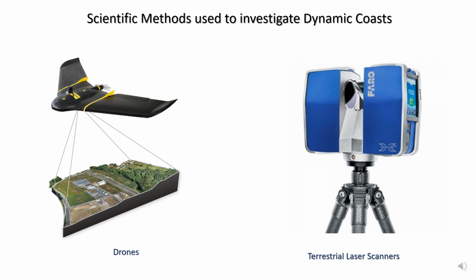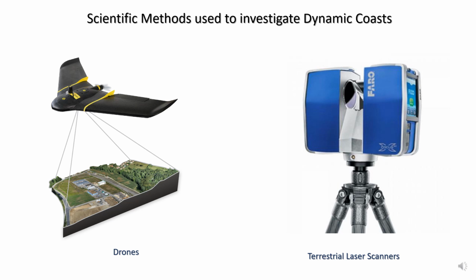Let's have a look at what we use scientifically to capture these dynamic coastlines and how they behave, particularly with these before and after events. This gives us a really good way of quantifying how much material has changed and moved around as a response to these dynamics.